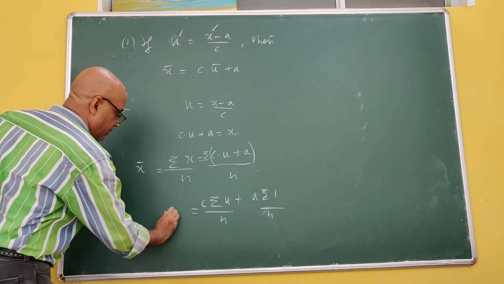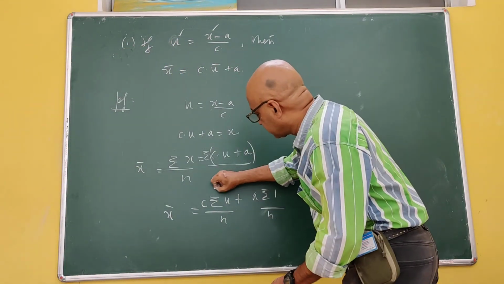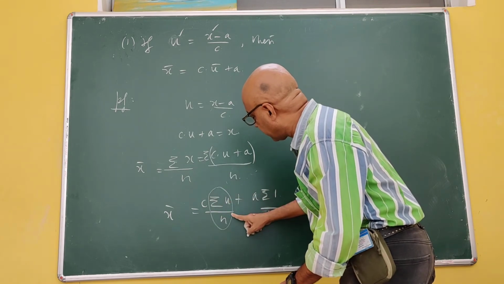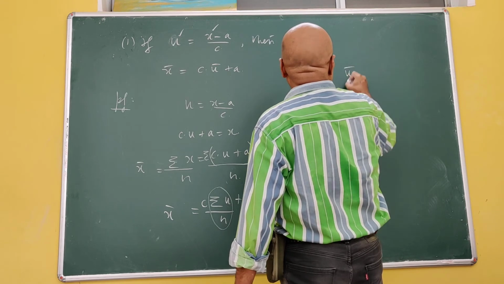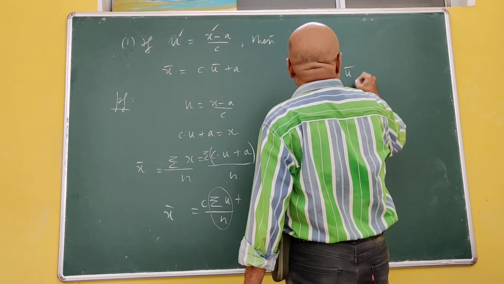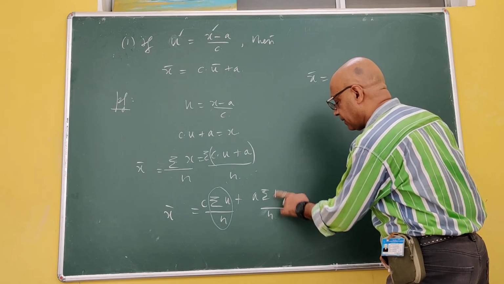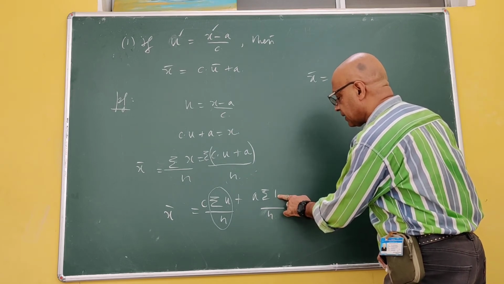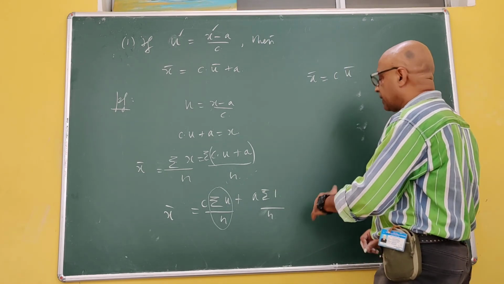And you can see you have x bar here. And so this part, summation u divided by n, should be u bar. So you have x bar is equal to u bar times c, and summation 1 becomes n, and there is already an n in the denominator, so it gets cancelled because you are adding 1 n times. You add 1 five times, you get 5, n times you get n.